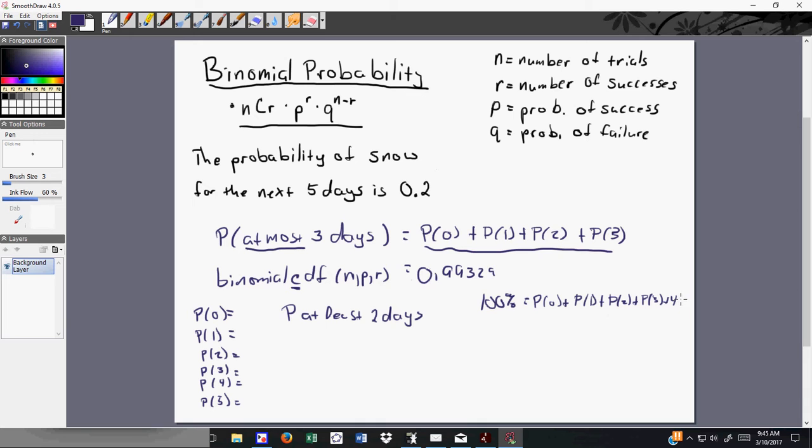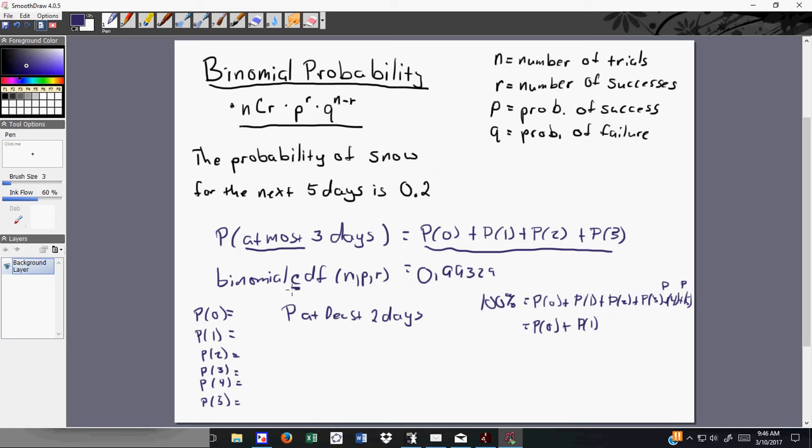I'm going to run out of room, so I'm just going to put down 4 plus 5, right? We know that's probability and probability, but I am running out of room. I want at least 2, which means I need to get rid of probability of 0 and the probability of 1.